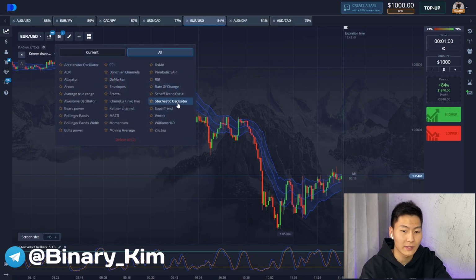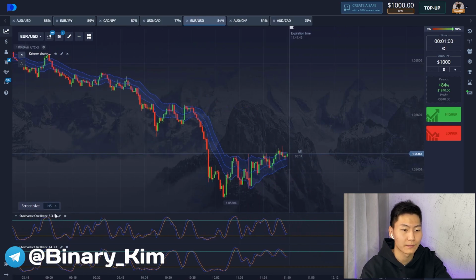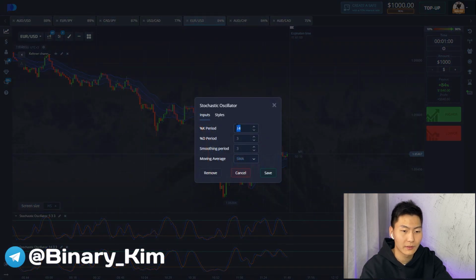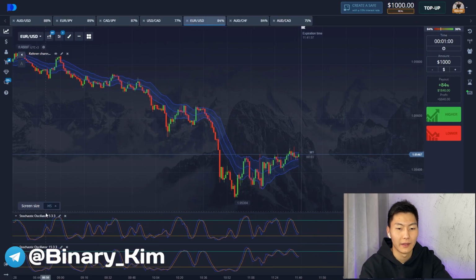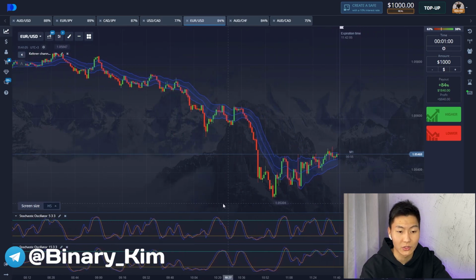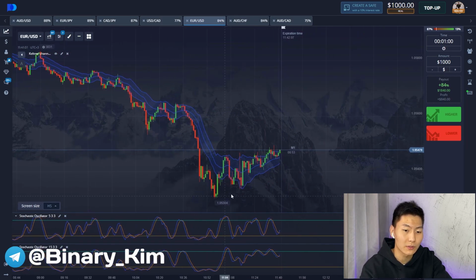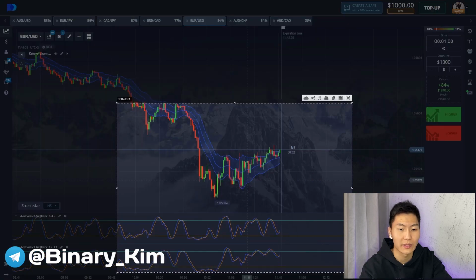Actually we can add one more stochastic, set the period to 14. In theory we could set the period to 15. Okay, let it be 15. The main stochastic has the period 5, and the second one is gonna show us the price direction in general, and we will also take it into consideration.